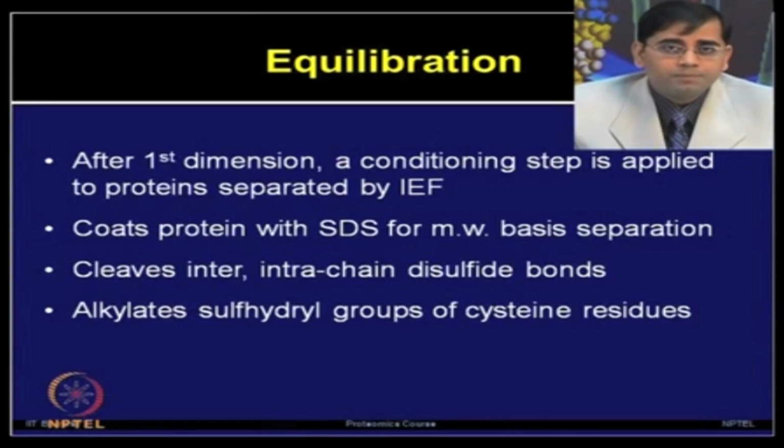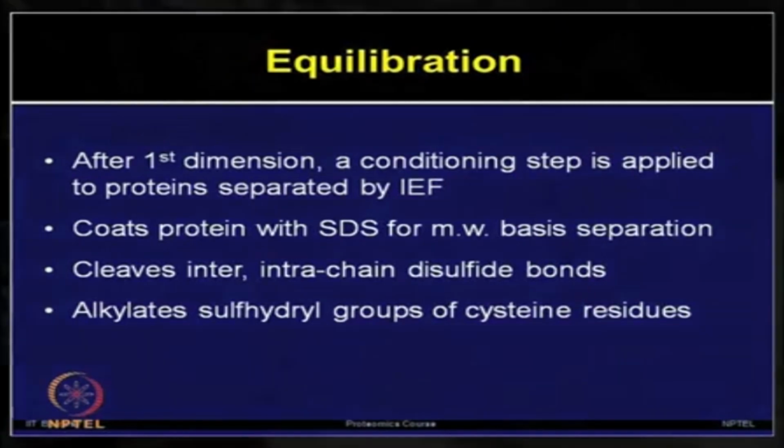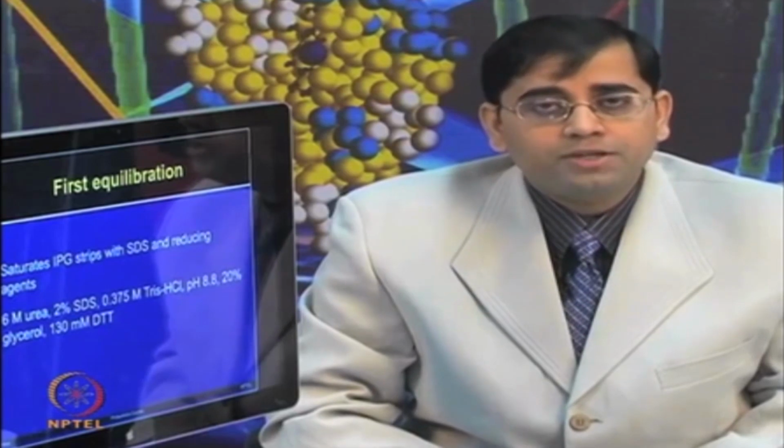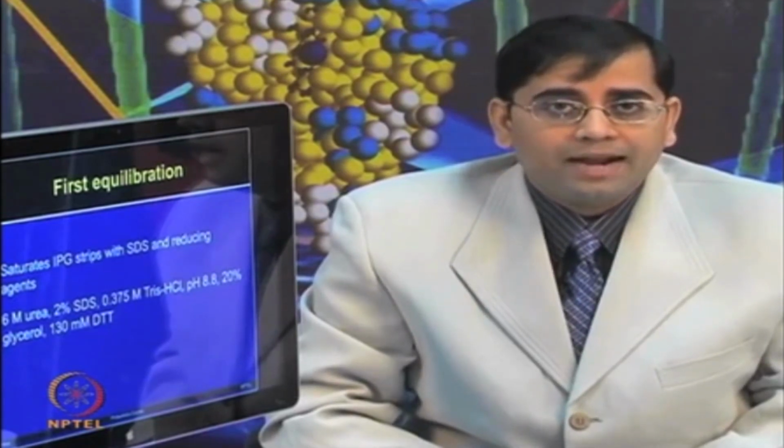The equilibration step performs cleavage of both inter and intra chains of disulfide bonds, and it alkylates the sulfhydryl groups of the cysteine residues. So, there are two equilibration steps which are required for this preparative step. The first equilibration step and the second equilibration step.